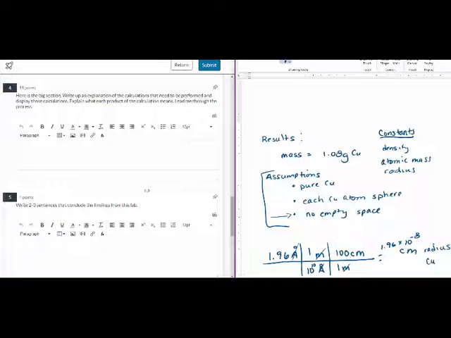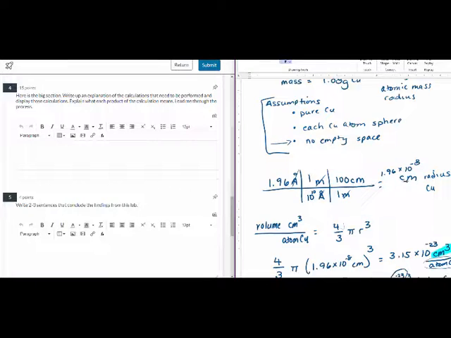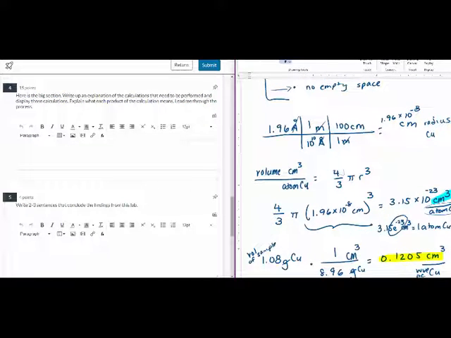And then when you go to discuss it, lead me through the calculations. What was the first thing we did? Okay. The radius of copper was converted from 1.96 angstroms to 1.96 times 10 to the negative 8 centimeters. As then we used that, no, we didn't use that radius. We can't use we.